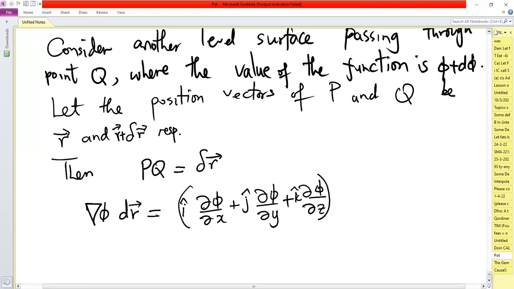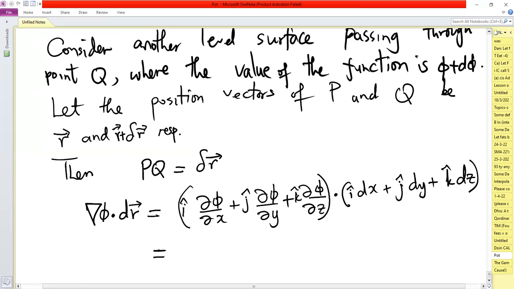And then we are dotting with dR, which by definition is given by i dx plus j dy plus k dz.